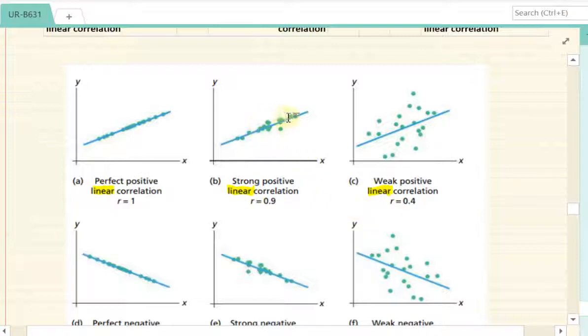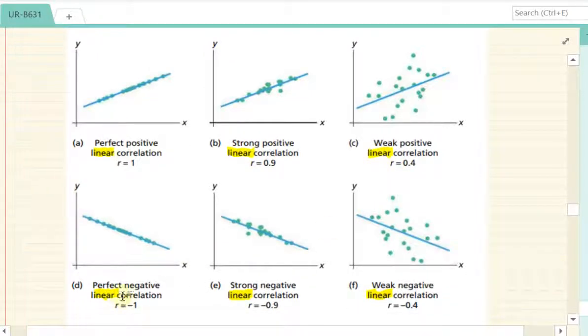Look at the spread of the points. See how they're beginning to spread about the line and dissipating, and R is dropping. The negative correlation, R = -1, is like this one except a mirror image, right? The difference between positive and negative is the orientation of the line.